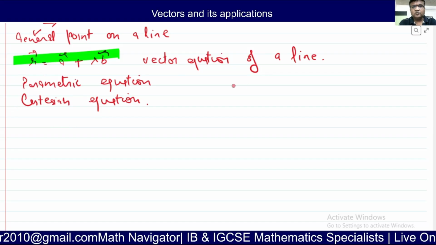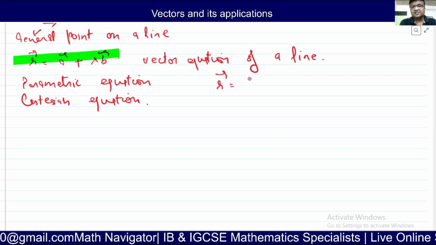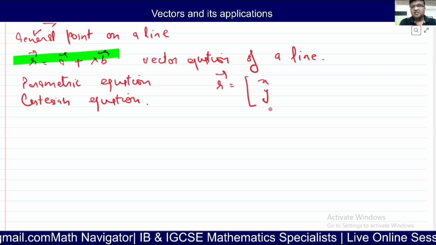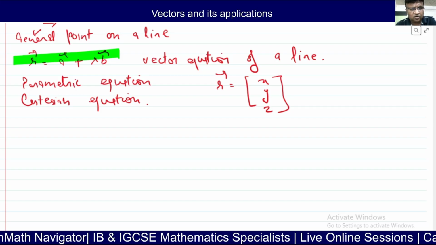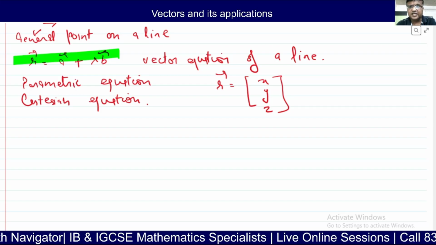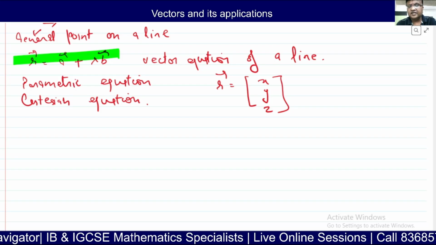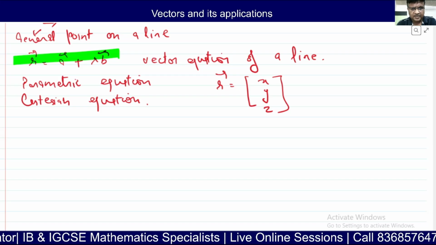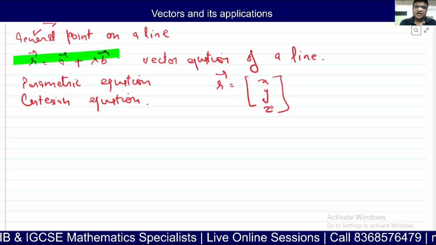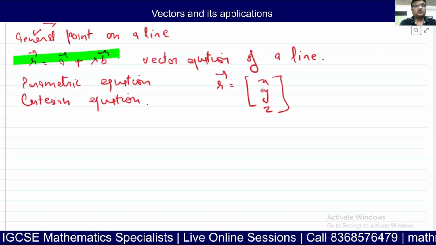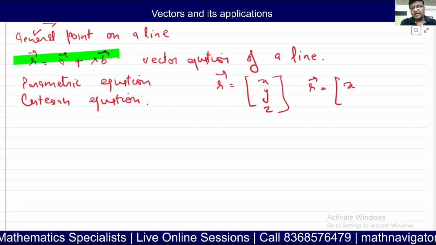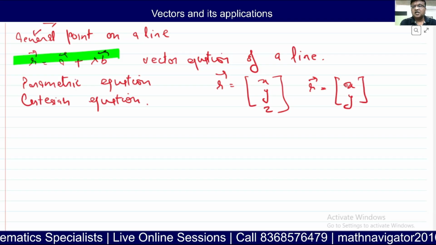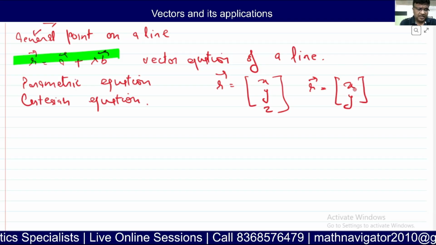Now we know this vector r is nothing but x, y, z. A line can be two-dimensional or three-dimensional or even one-dimensional, but normally we take two-dimensional or three-dimensional lines. So if vector r is equal to x, y, z, which is a general point on a three-dimensional line, and vector r is equal to x, y, this is a two-dimensional line.